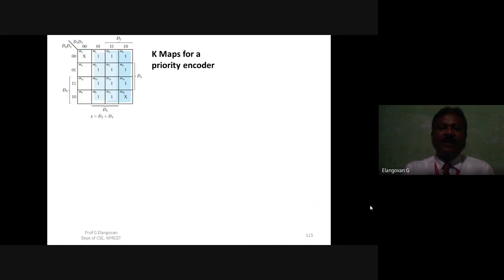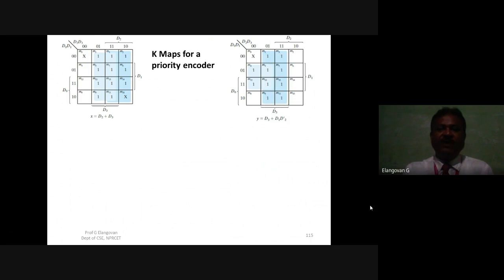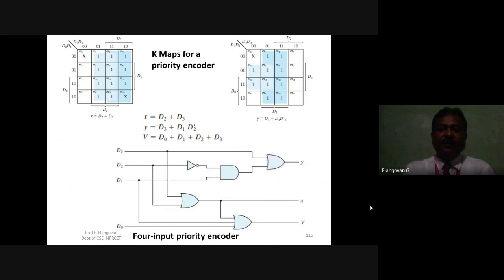To design the circuit, we need to derive X and Y, and V represents the valid output. We get the X and Y expressions from the K-map, and V directly.